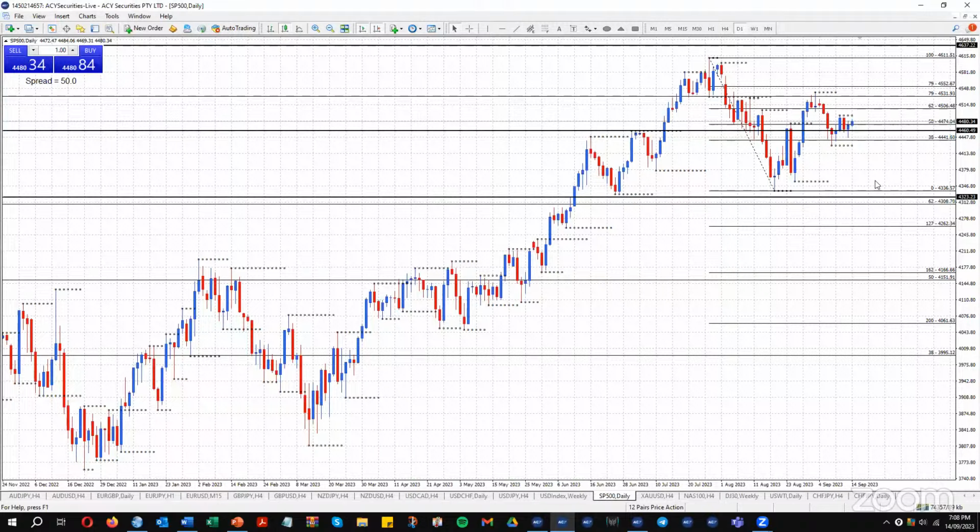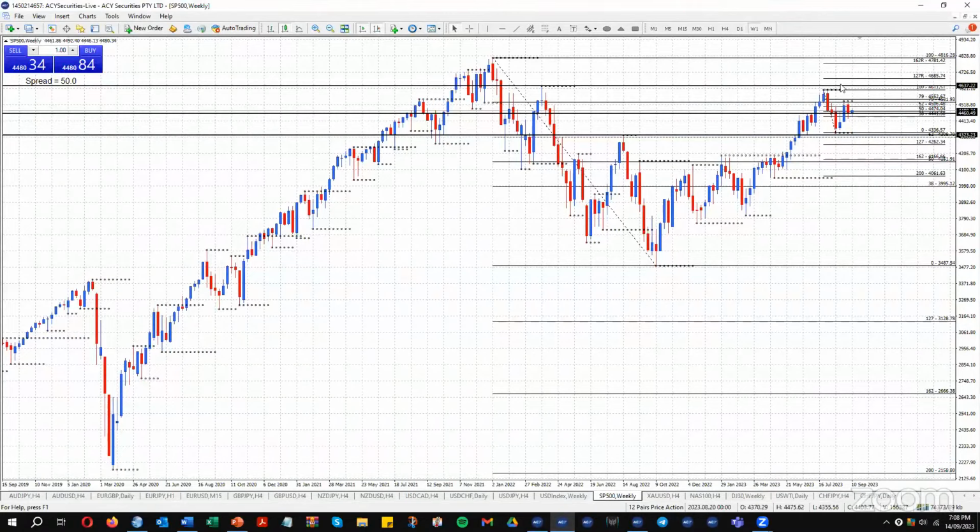So, I mean, I've been looking at this from the weekly chart perspective that we could be putting in a lower top here to then move further down. Let me just get this new drawing tool, which I'm trying to get to grips with. Could have moved down here. This could be forming a lower top to move down this way.